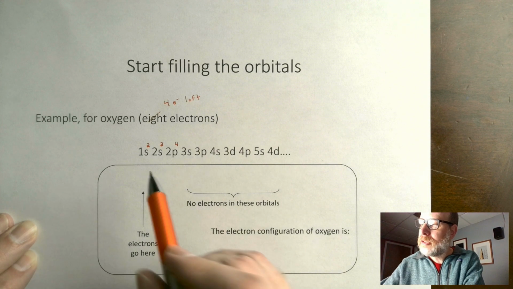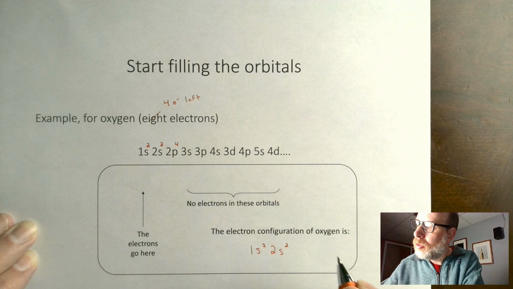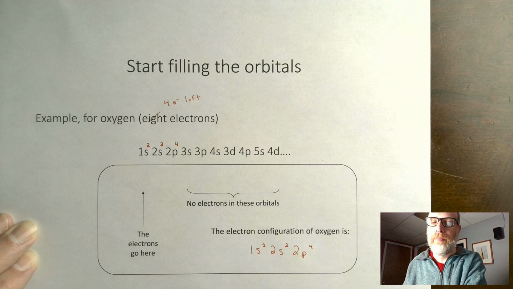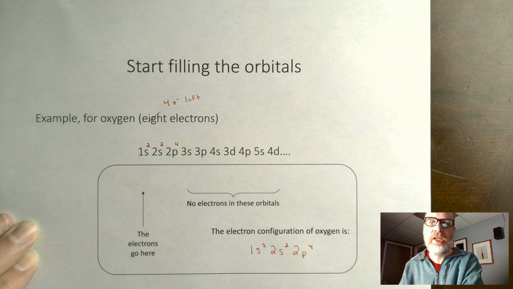So the electron configuration for oxygen would be 1s2, 2s2, 2p4. I have 2 plus 2 plus 4, 8 electrons. That would be a neutral oxygen atom. So that's the electron configuration for a neutral oxygen atom.